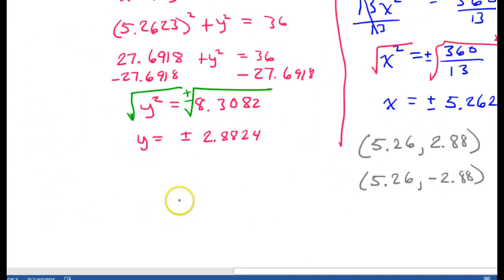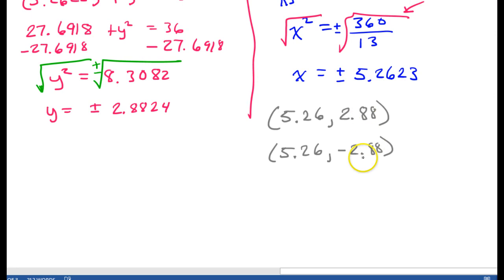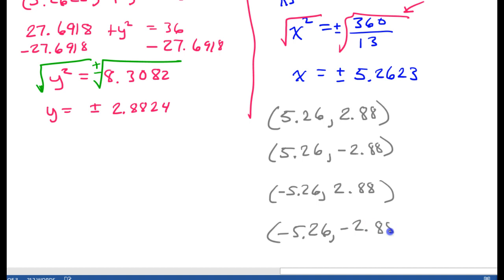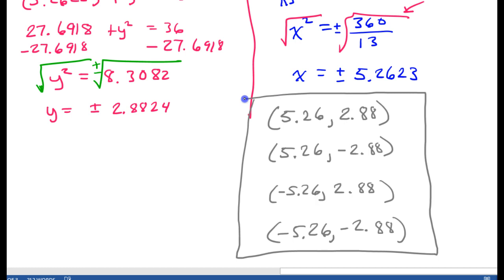So I would have gotten the same two y values. So I can just write down negative 5.26, comma, positive 2.88 and negative 5.26, comma, negative 2.88. So these are the 4 intersection points.